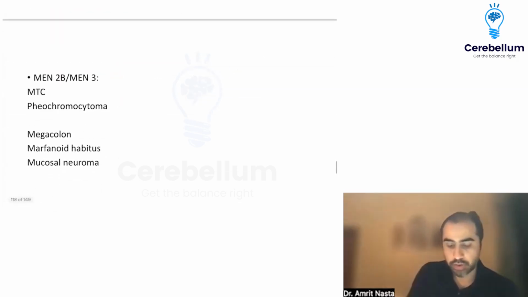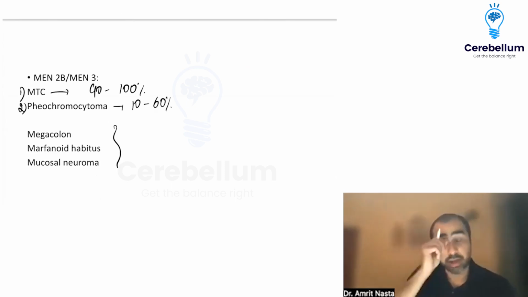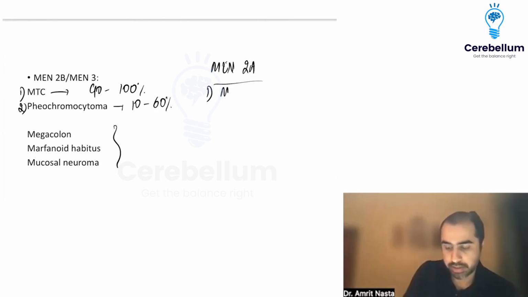Okay, so first and foremost, these are common. Medullary thyroid cancer is seen in 90 to 100% of cases of MEN 2B. Pheochromocytoma is seen in 10 to 60% of cases. And these are the other variables. So MEN 2B and MEN 3 are the same. MEN 2A has the same MTC and pheochromocytoma.